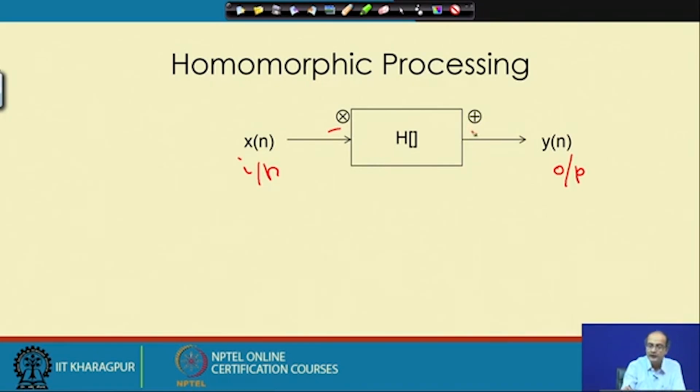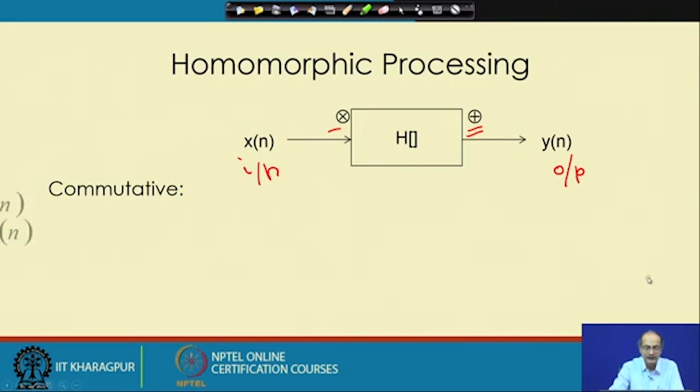The equivalent to it in the output space is the plus operator. So, the structure would be preserved, but the operator will change.